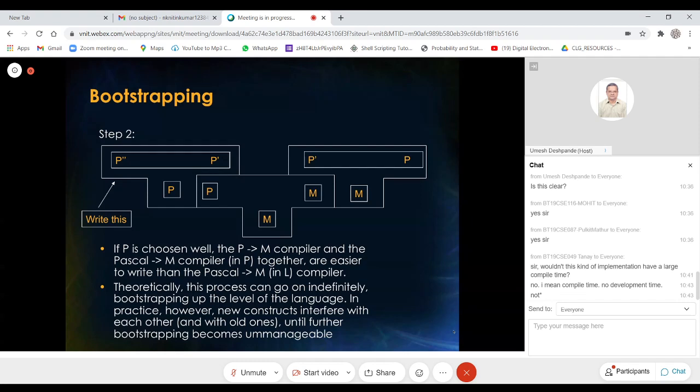Okay, so Tanay has modified the question. I mean compile time and not the development time. Well, the compilation step, as you have rightly said, is now a multiple step. The Pascal compiler first gets translated into one equivalent program in one subset, and then that gets translated into an equivalent program in another subset, and so on and so forth.